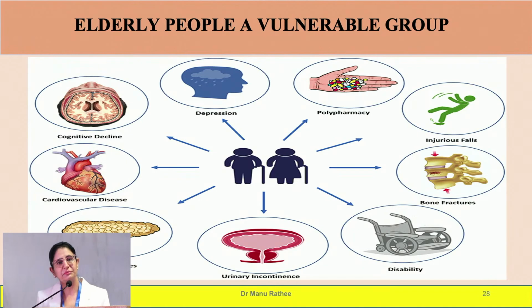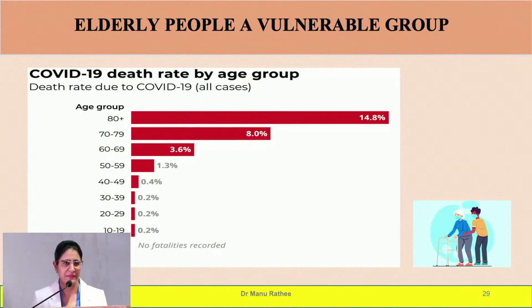And also it is very difficult to find a geriatric patient who is not affected by one or another systemic condition affecting one or another organ system. If any pathology or decline of any systemic condition is there, it is accompanied by polypharmacy with the side effects of the drugs.